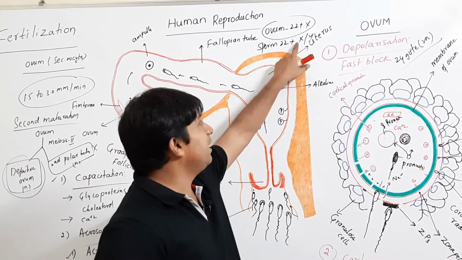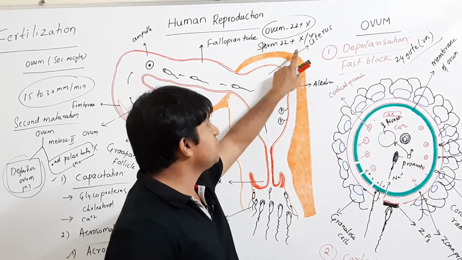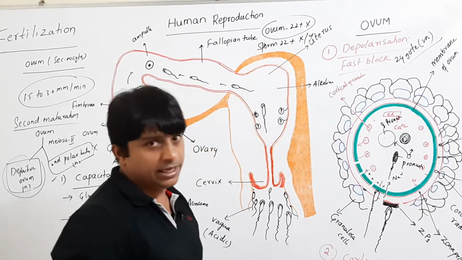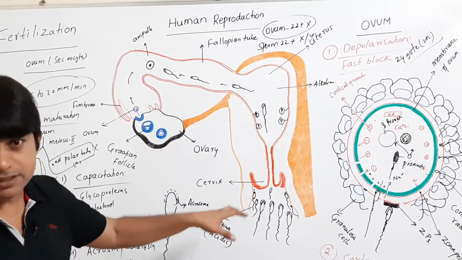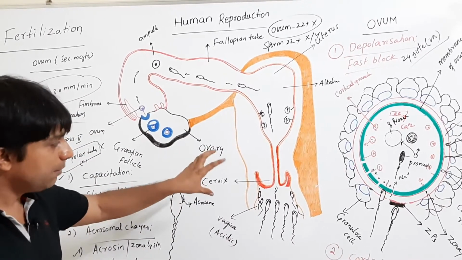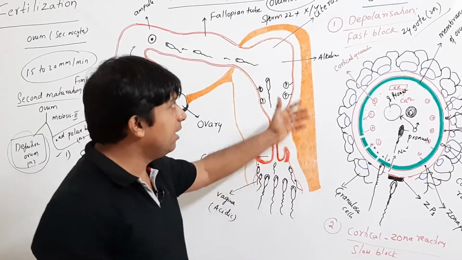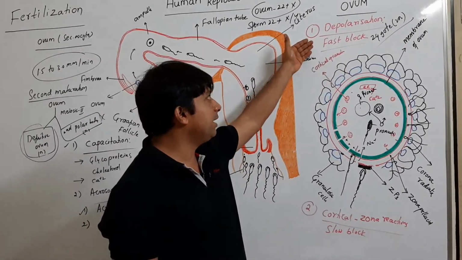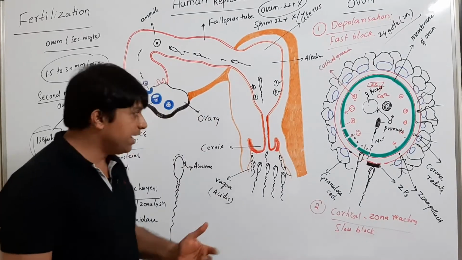If the sperm carrying the X chromosome fertilizes the ovum, it results in a female. If the sperm carrying the Y chromosome fertilizes the ovum, it results in a male. Clear? These are the events which lead to fertilization. There may be questions like how polyspermy is prevented. Polyspermy is prevented by depolarization as well as cortical and zona reactions.